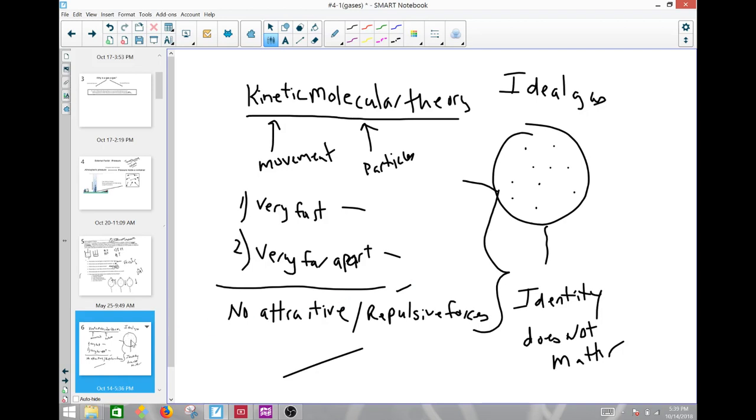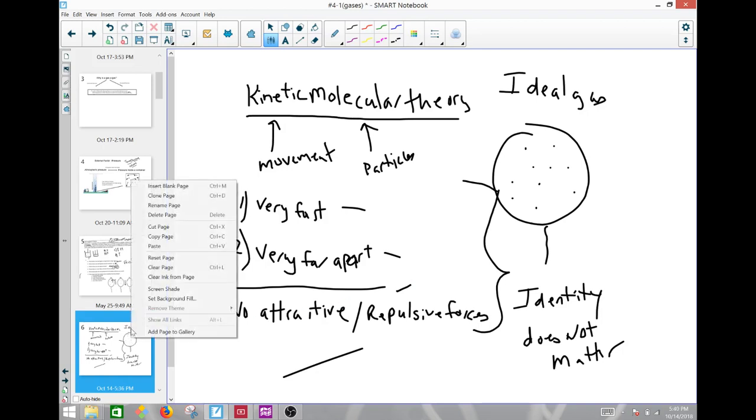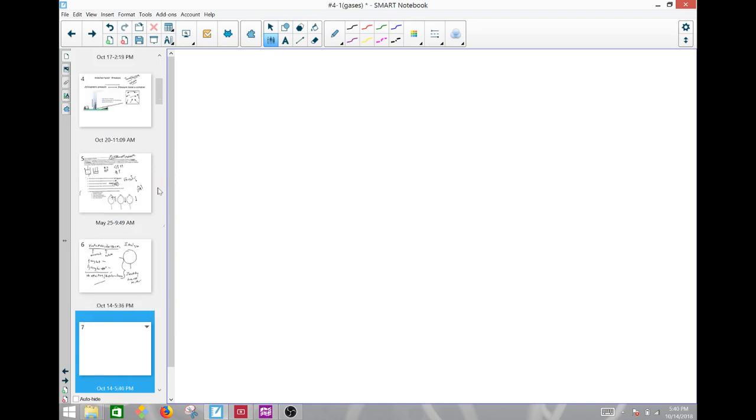Okay. Now, a couple things about these ideal gases. First of all, I guess any particle can be an ideal gas particle. So we have an ideal gas, and we have what's called a non-ideal gas. Okay, so it's not like gas A is ideal and gas B is non-ideal.